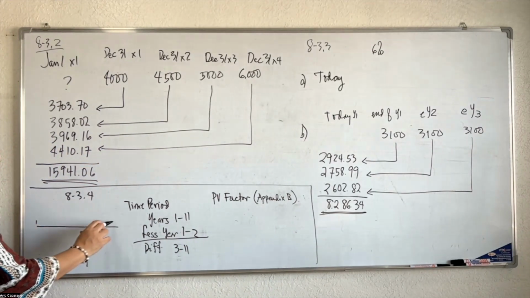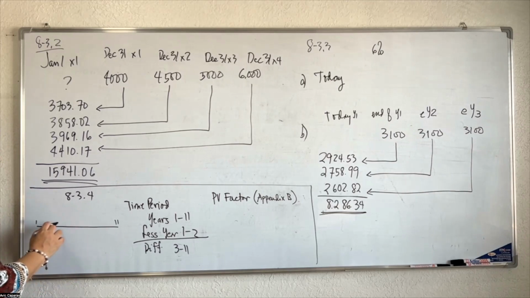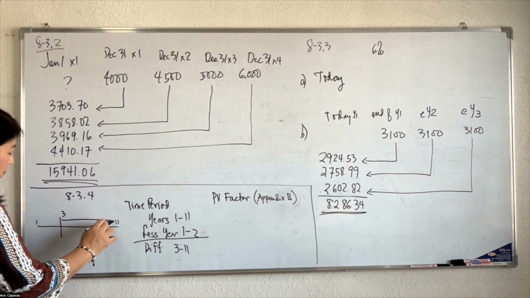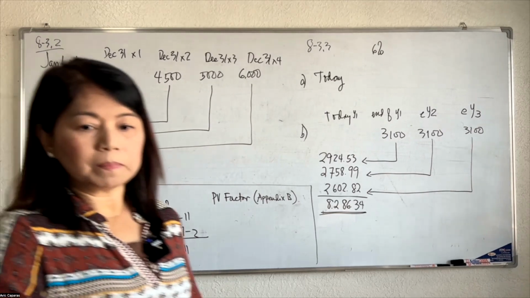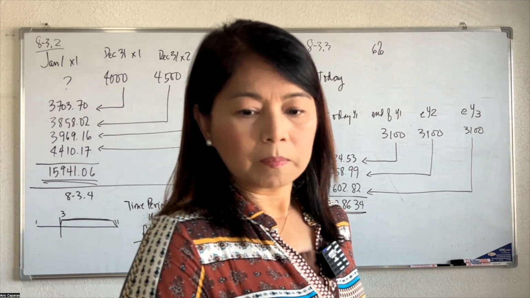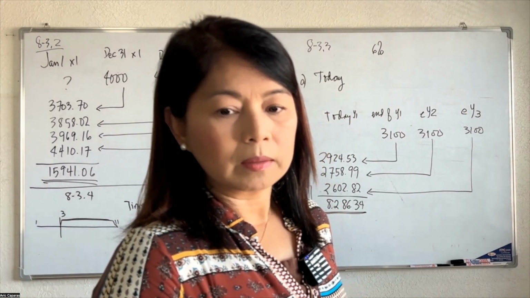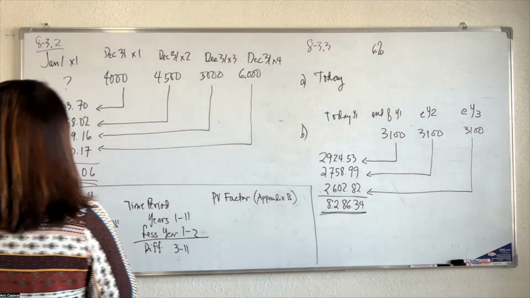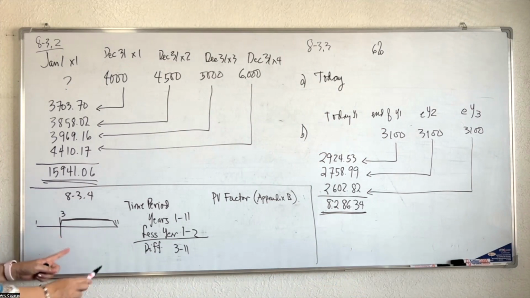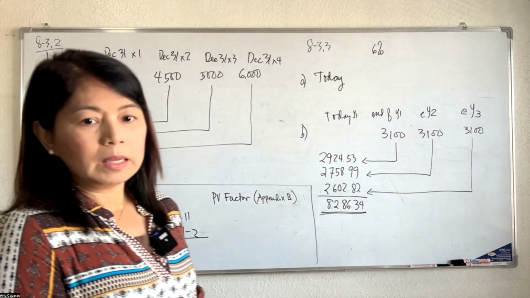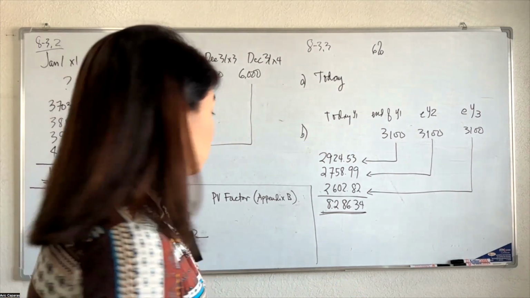Okay. So if you have this is 1 to 11, you wanted to know from here, what is the question? What is the present value of the amount that you will receive from 3 to 11 if the interest rate is assuming a 12% discount rate?